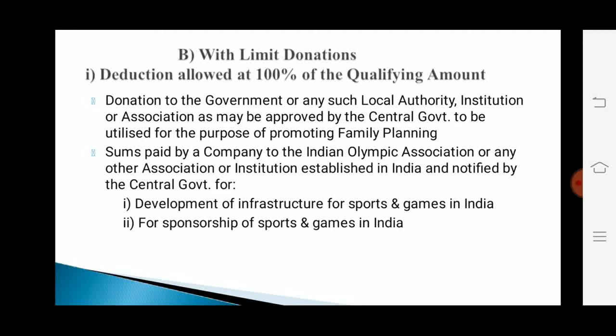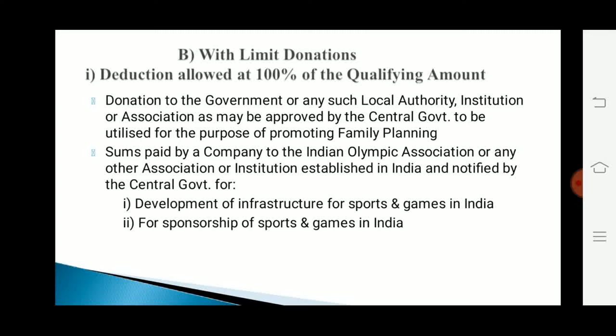The second type of donation is with limit donations. Under with limit donations, the first category is deduction allowed at 100% of the qualifying amount. Donation to the government or any local authority, institution or association approved by the central government to be utilized for the purpose of promoting family planning.